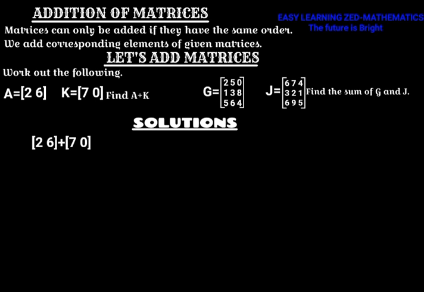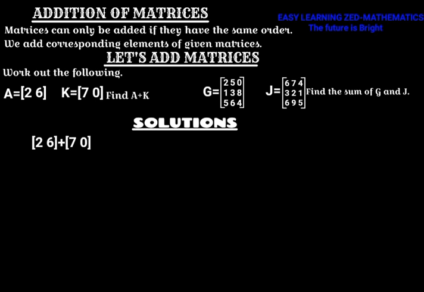Remember, I've written these questions after considering that they have the same order. So matrix A has the order of 1 by 2, and matrix K has the order of 1 by 2.